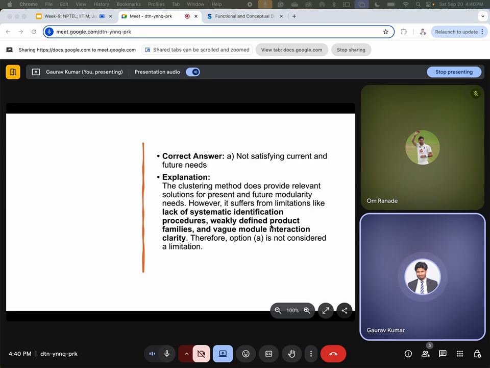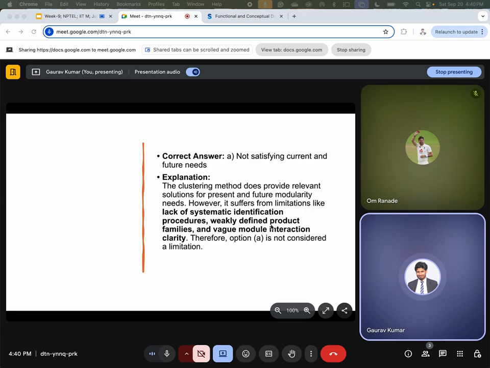Another limitation lies in defining the product families. While clustering helps to identify modules, it does not make clear how those modules translate into broader product families or a platform. So this can limit scalability.